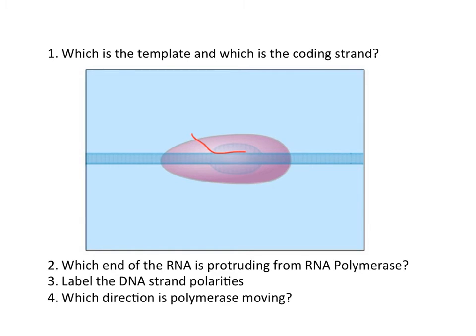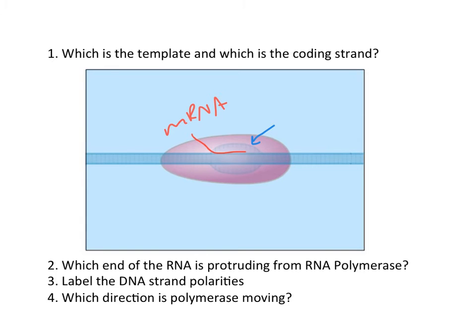Would the template strand be the one that the coding strand is copying? So here's the messenger RNA molecule. Which strand is it going to be base paired with? Is the blue arrow pointing to the template strand or the coding strand? The messenger RNA is going to be complementary to what it's base paired to. So is it template or is it coding?